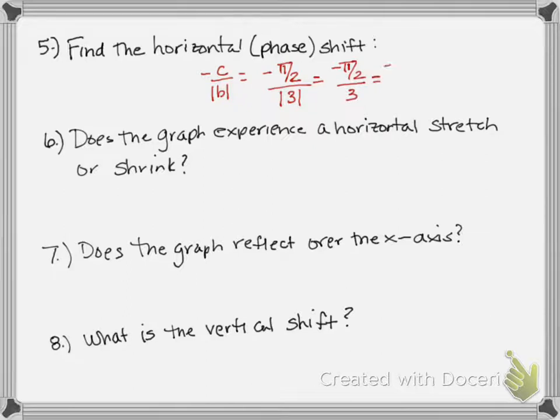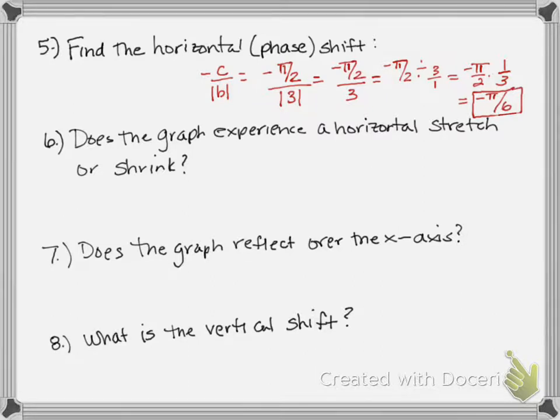So that's also written as negative pi over 2 divided by 3 over 1. I'm going to flip this and multiply. So I get negative pi over 2 times 1 over 3. It's going to give me negative pi over 6. So my graph is going to shift to the left pi over 6 units.